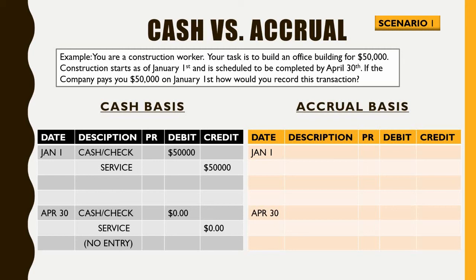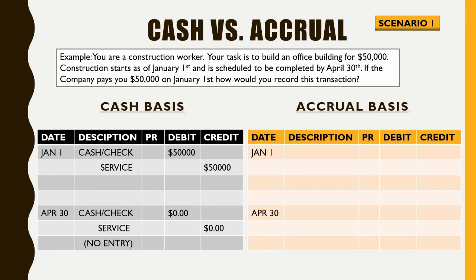But then when April rolls around, you're not going to have an entry here because you already received the cash. It's already been done. Okay? So this is cash basis. We receive the cash, so we record the cash at the minute we receive it, and then in April, we don't need to record anything because we already received the cash.